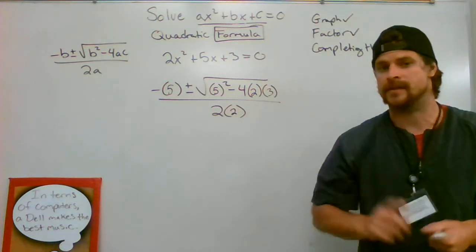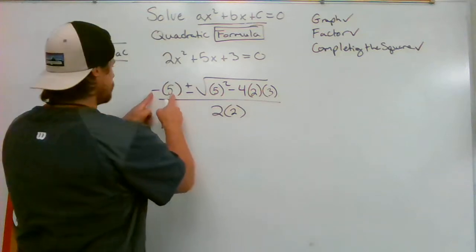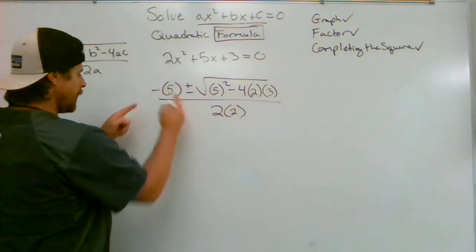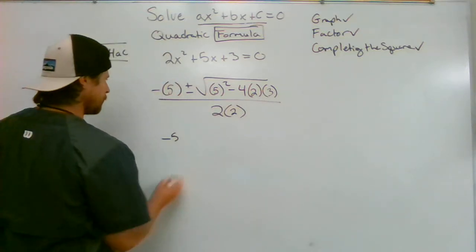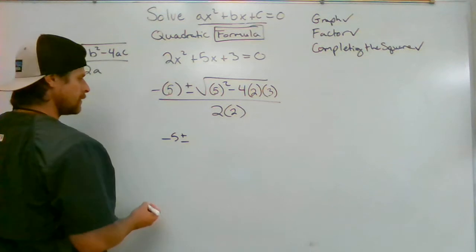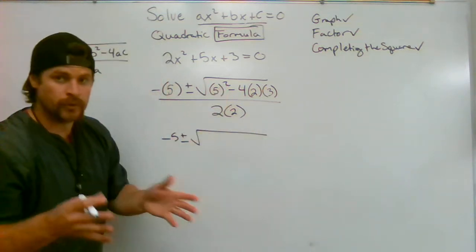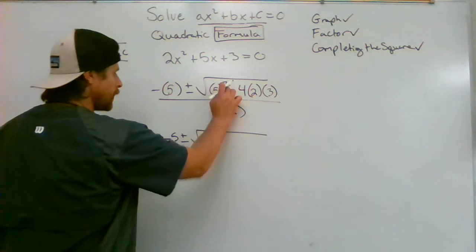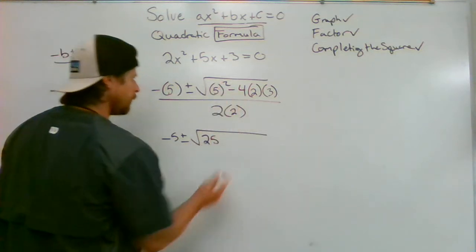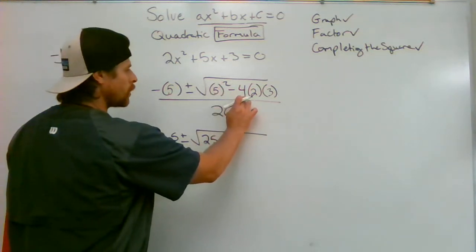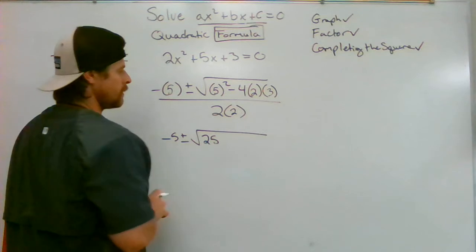All right, now we just work it out. Do it in bits and pieces. First part, very simple. Negative 5 is just going to be negative 5. Plus or minus the square root of 5 squared. Do that. Change that right now. 5 squared is a 25. Minus 4 times 2 times 3.